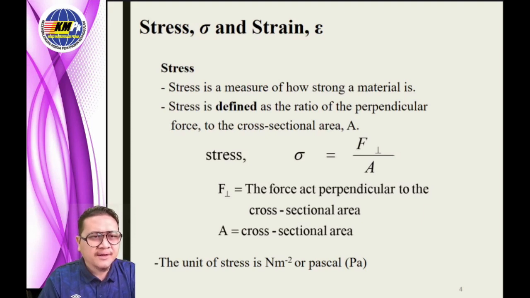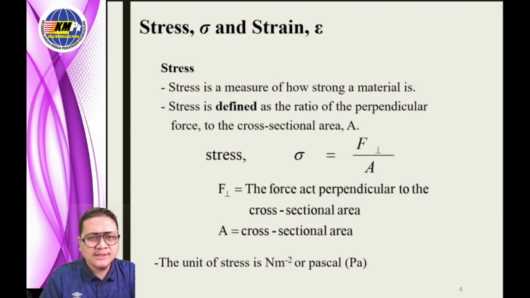What is stress about? Stress is a measure of how strong the material is, and in physics, stress itself is defined as the ratio of the perpendicular force to the cross-sectional area. And stress is also noted as sigma.